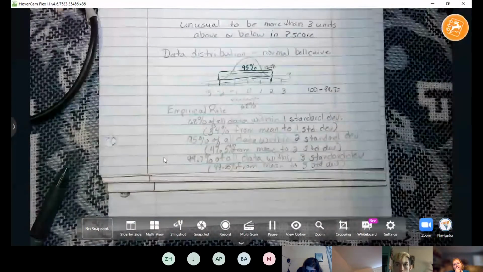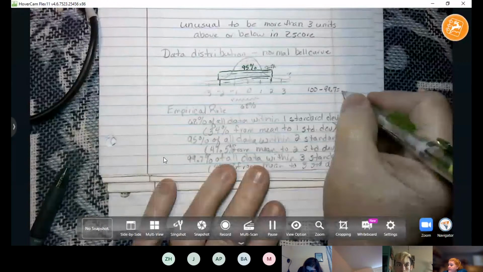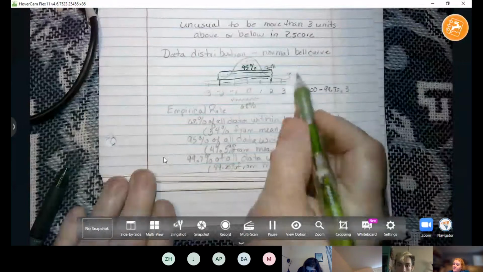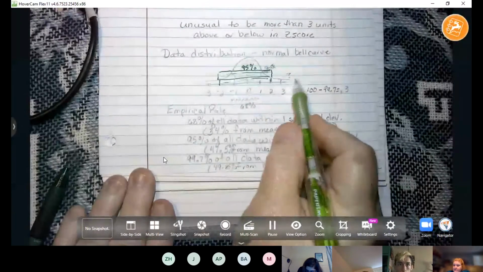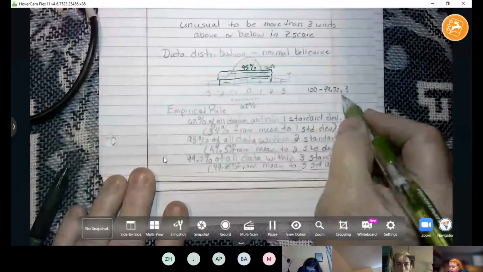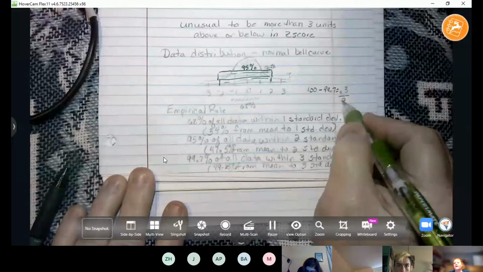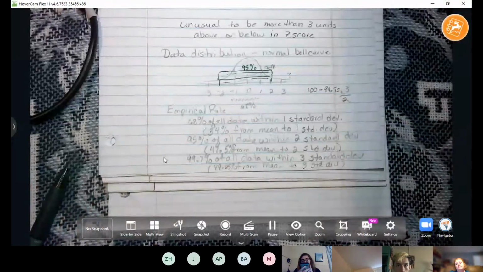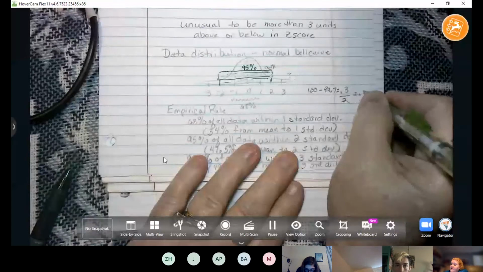What does that leave? 0.3, right? But that has to be split on each side. So what do you do with it? You divide it by 2. So that is 0.15 on each end.